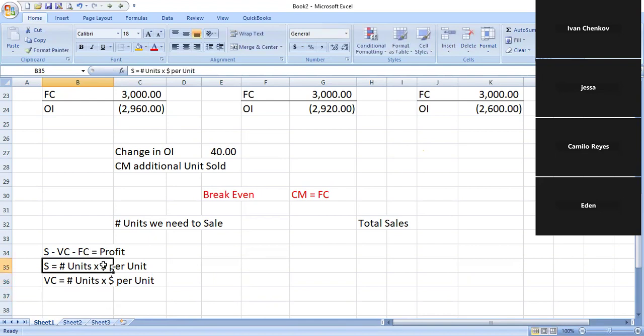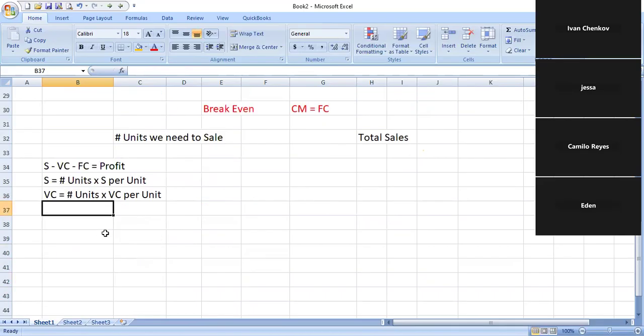All right. So that will be the sales price per unit here, and that will be the variable cost per unit here. But we also know that contribution margin is equal to what?